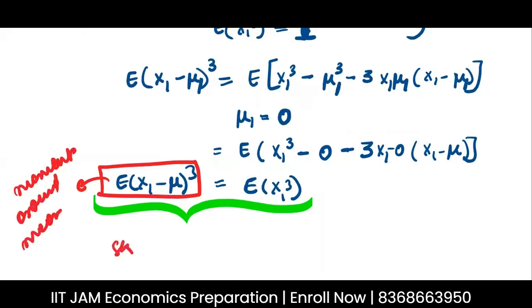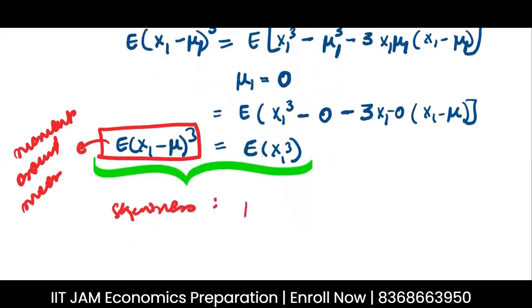And skewness is represented by mu3 square upon mu2 cube.